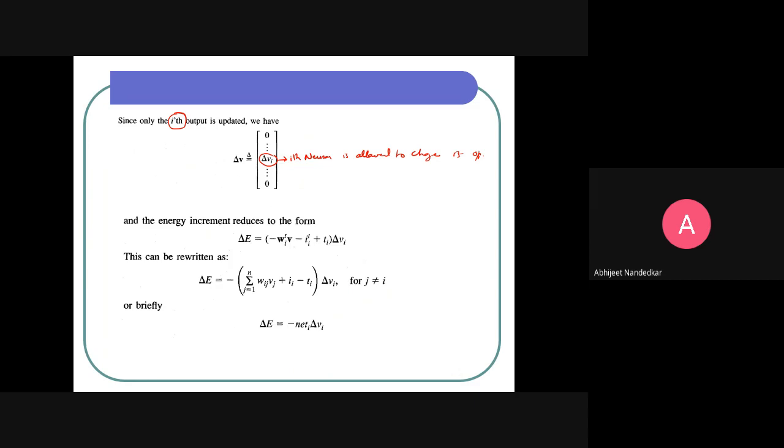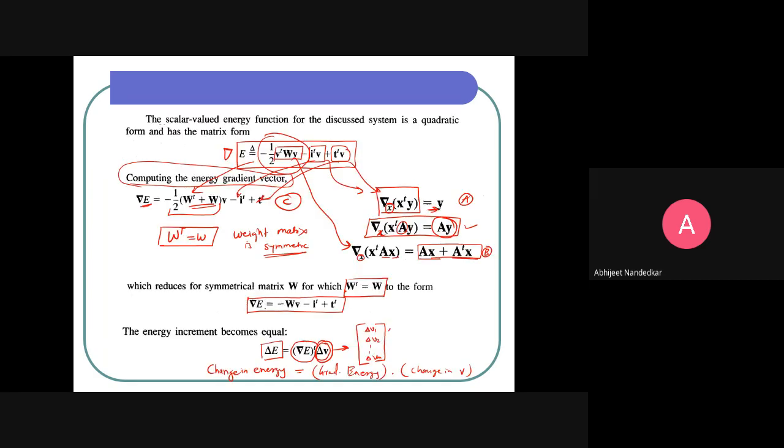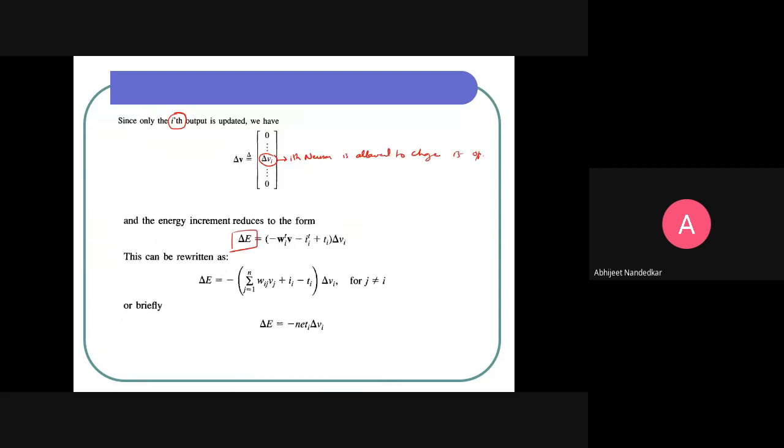So that our earlier equation of change in energy you can simplify. Here if you see closely, these are all big things. So this is a matrix, this is a vector, this is another vector, this is another vector, and this quantity here is multiplied by another vector. Okay, so this is a big thing. So when I put the condition that only the ith node is allowed to change, then that equation has changed to this thing.